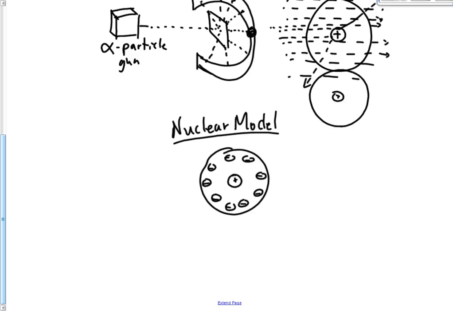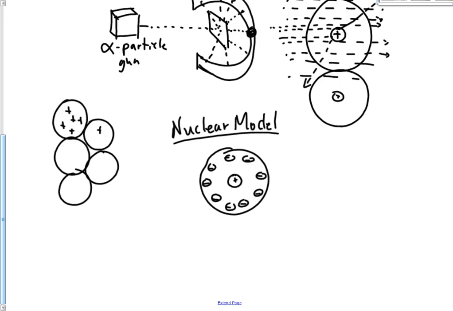So what would have happened if Thomson, the plum pudding model, was correct? If we look at this over here and just say, okay, we've got 3 atoms. Actually, let's just say we've got 5 atoms, and they're arranged like this. Okay, and they're all solid. Okay, they're all solid balls of positivity. What would happen if we were shooting alpha particles at it?